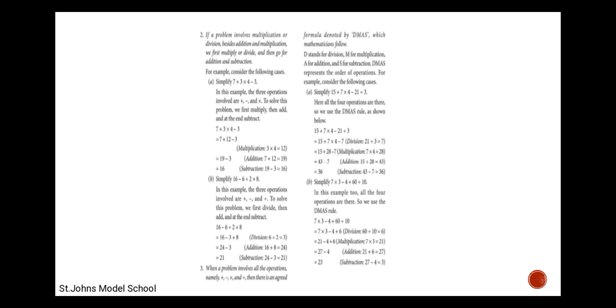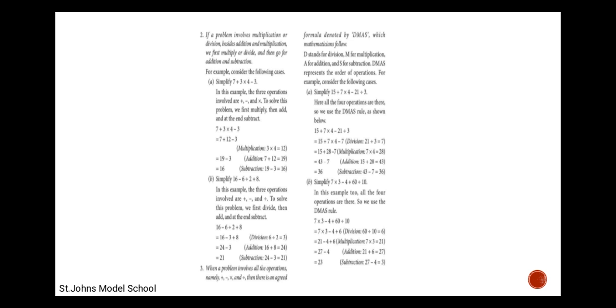So if in the question division is there, then you have to do division first. If multiplication is there, you have to do multiplication, then comes addition, then comes subtraction. This is the order of doing this type of questions.